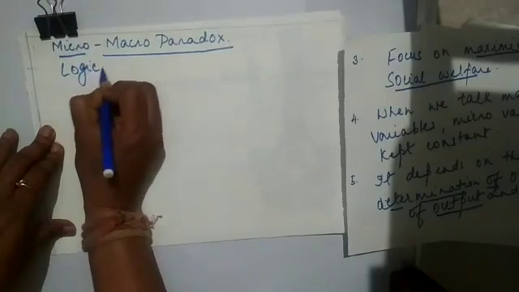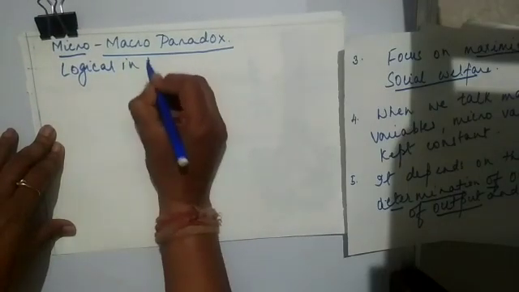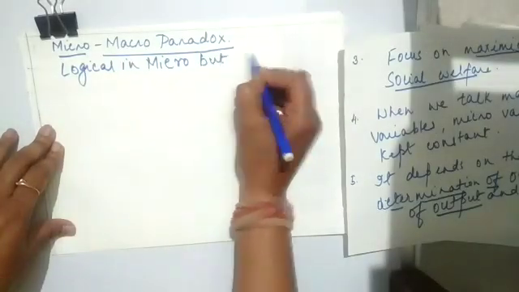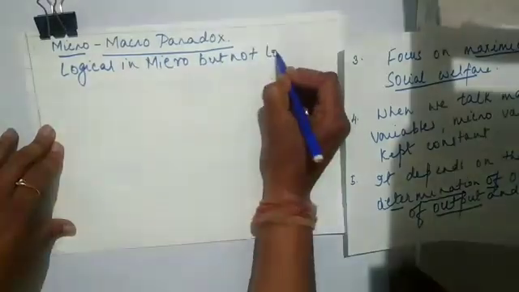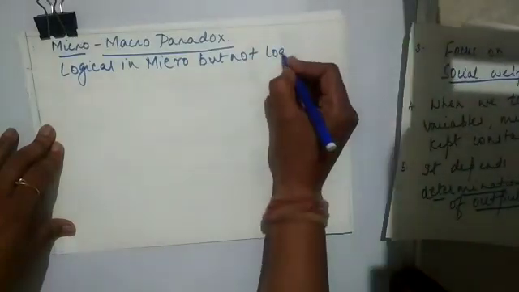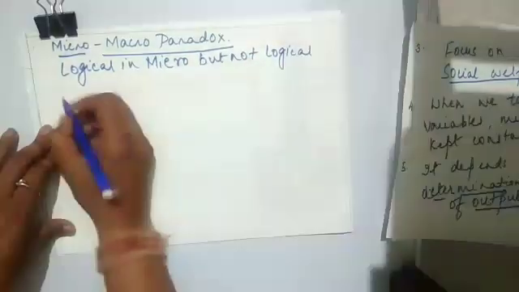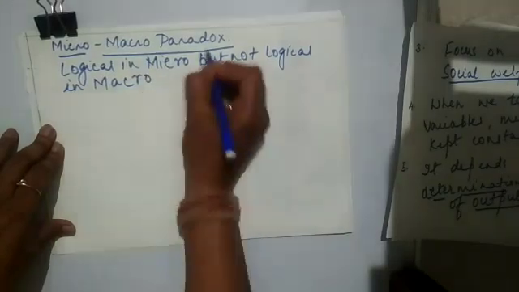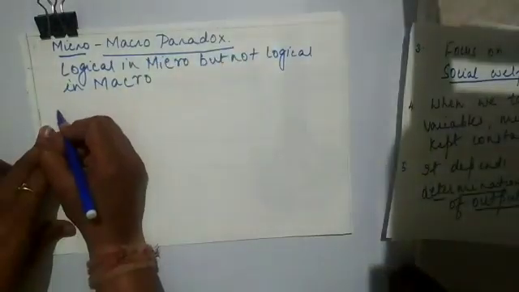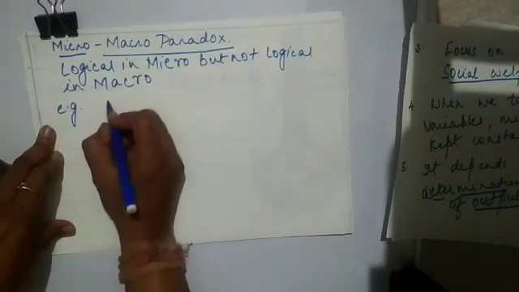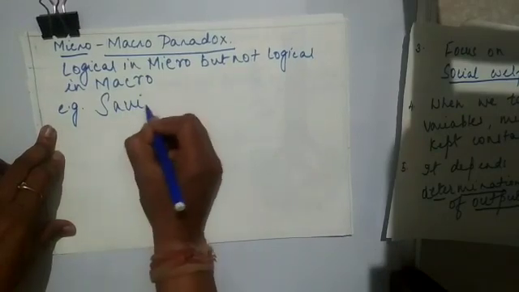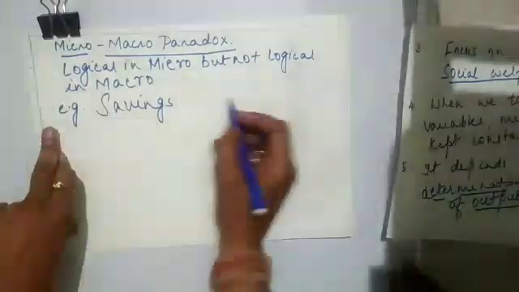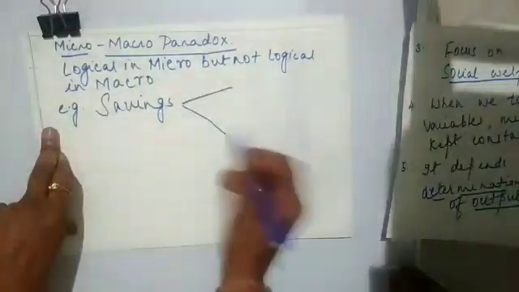Logical in micro but not logical in macro. This is the meaning of paradox. Now, example for this one is savings. Savings, it is considered as virtue.